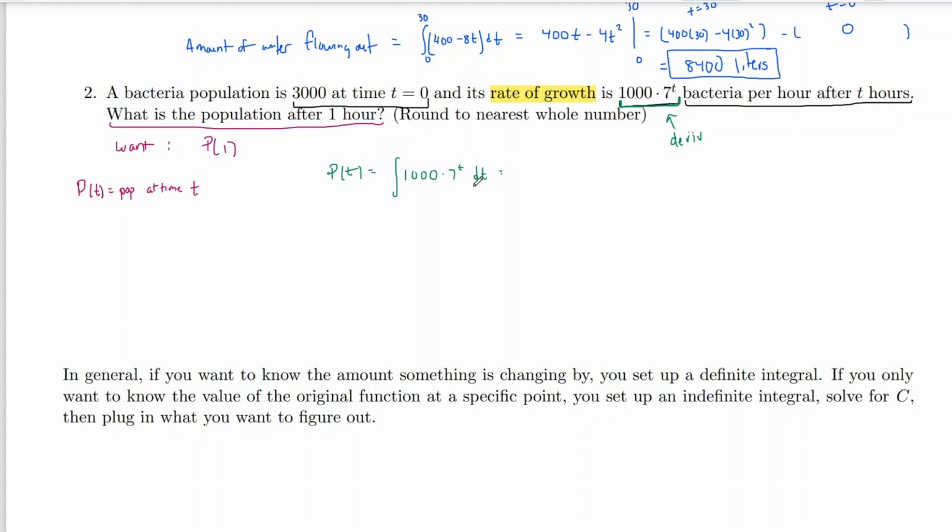And now we go ahead and integrate it. You might not remember the antiderivative or integral of 7 to the t power. So I'll just remind you that it is 7 to the t power divided by the natural log of the base, which is 7. And then because we're doing an indefinite integral, we have a plus c.